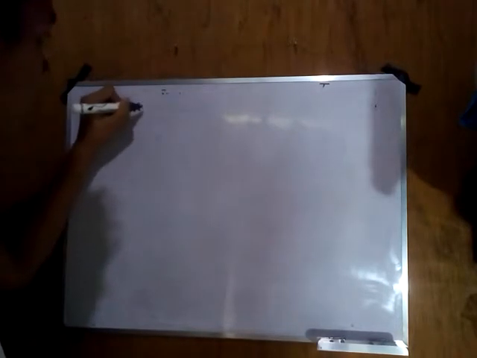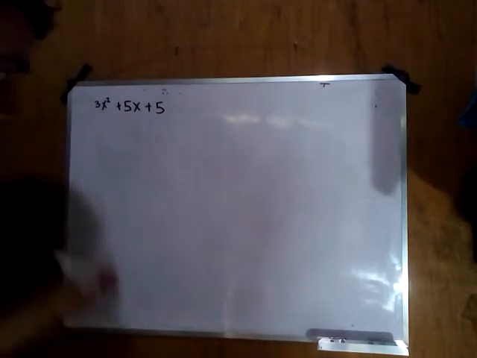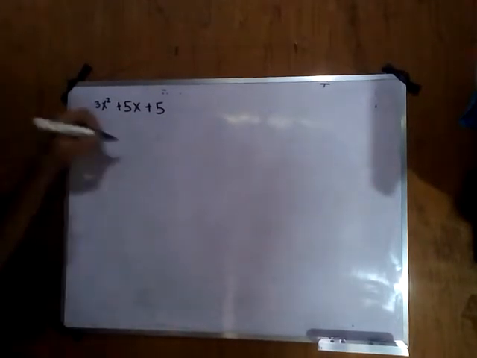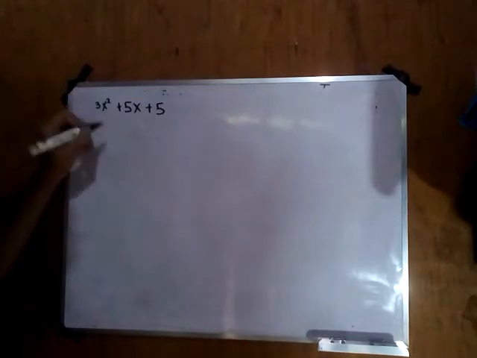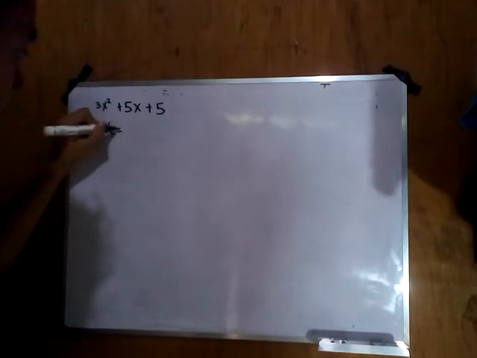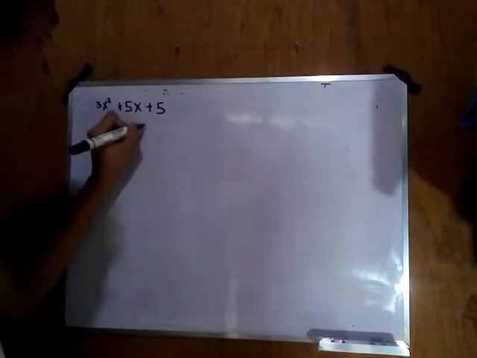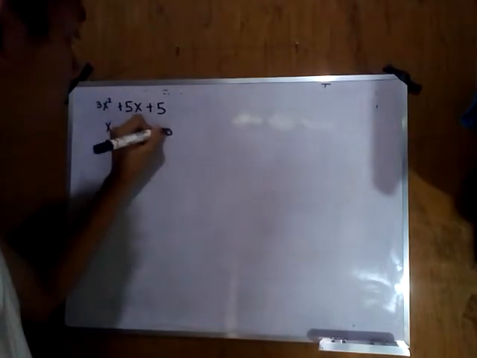The example we will use is 3x squared plus 5x plus 5, and we have to find the approximate value of the slope at the point x sub i equals 2, with a step size of 0.5.